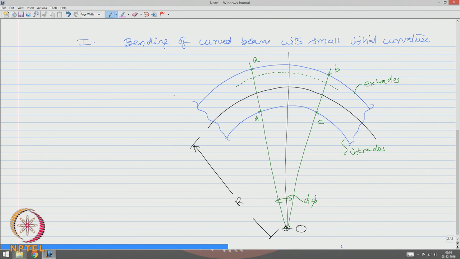When I now apply a moment m, the curvature will now change.